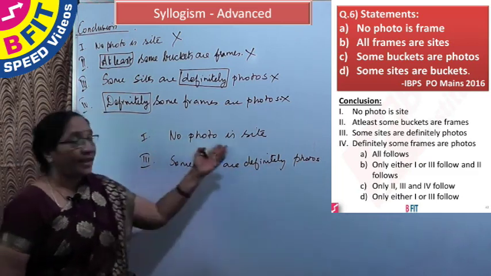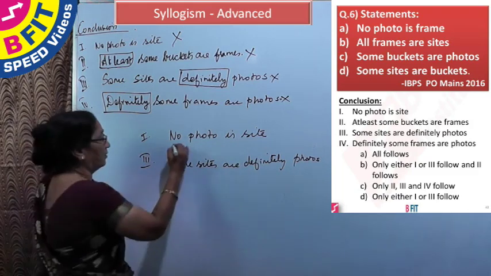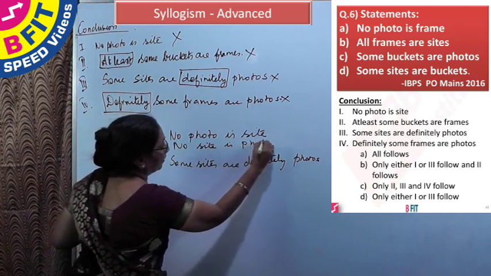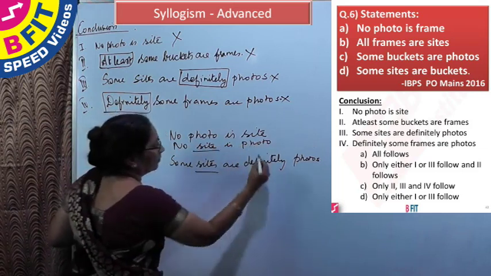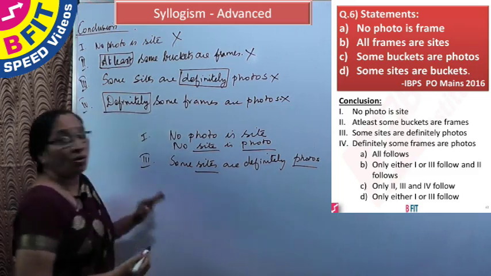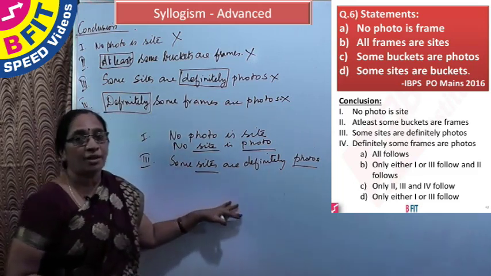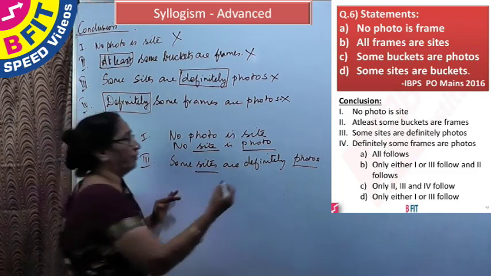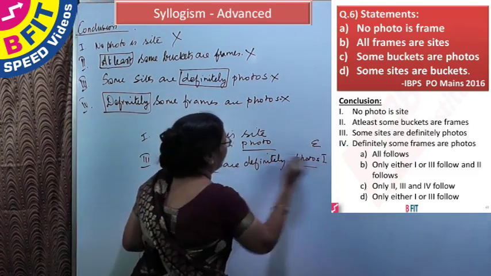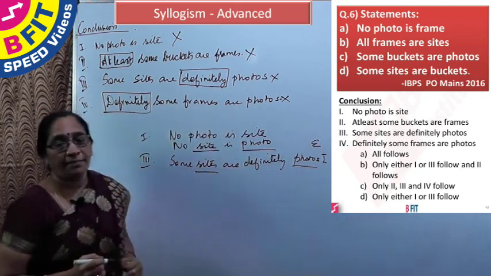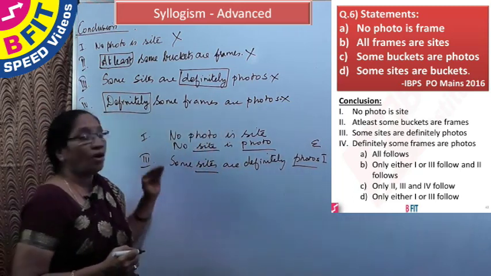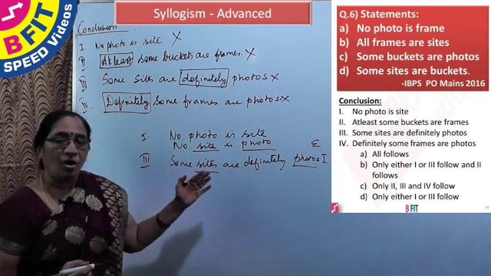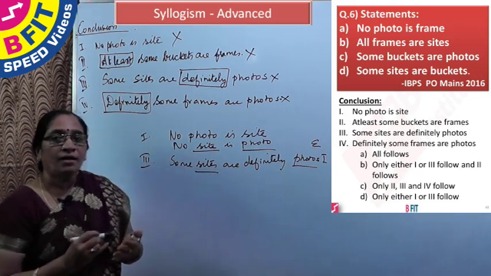We can rewrite the first conclusion. So both the conclusions have become false, both have the same subject and predicate, and they are of E and I type, and hence conclusions 1 and 3 are a complementary pair, that is, either conclusion 1 or conclusion 3 follows will be the answer.